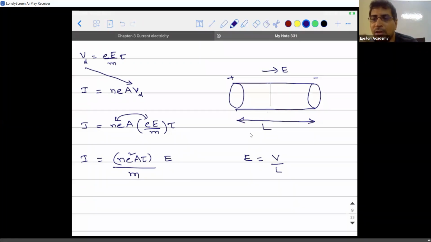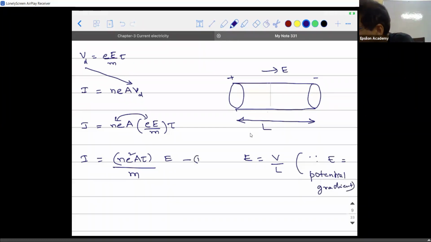Ignoring the minus sign, because the minus sign says the electric field is from higher to lower potential. I've already put the direction. So I'm writing E is equal to V by L, since electric field is equal to potential gradient. Gradient is nothing but slope. I've already told this to you guys.